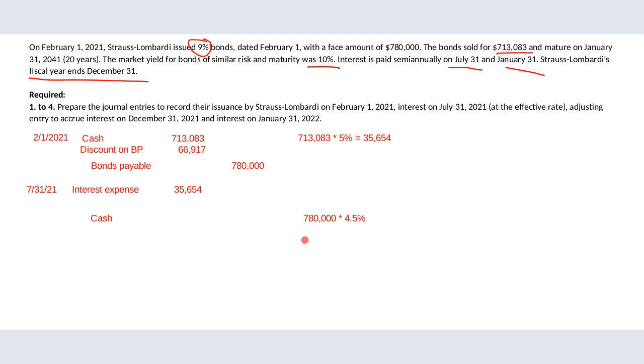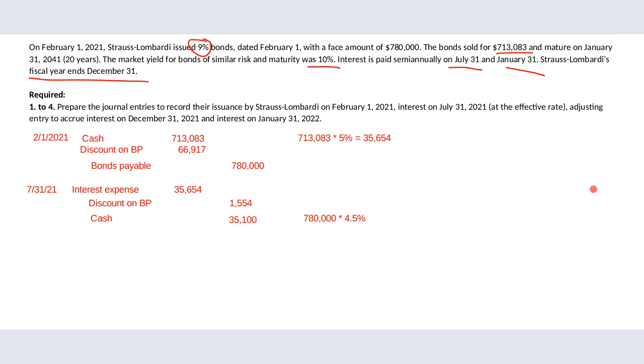I concur. Thank you. And then we are going to credit our discount for the difference. That is 1,554. Okay, so that is our entry.